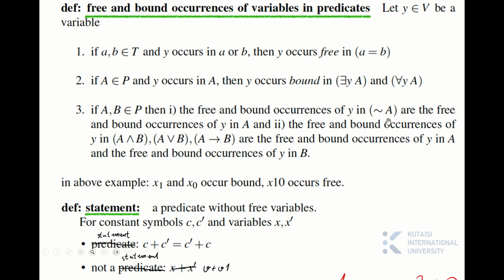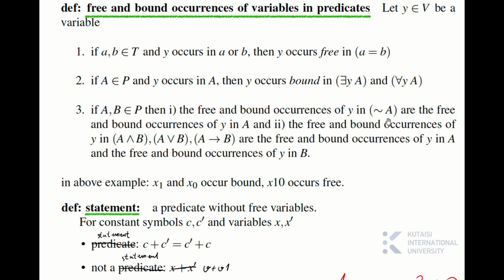By the way, I keep saying this, so let me make this caveat that there's a free variable and bound variable. I should have always said the occurrence of y is free or bound, not the variable itself. The same variable can occur free somewhere and bound somewhere. So free and boundness is the property not of the variable but of the occurrence of the variable.